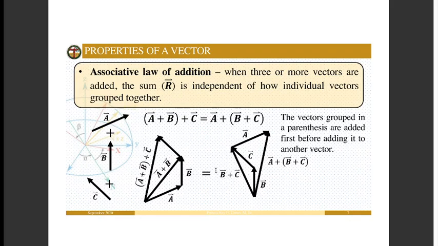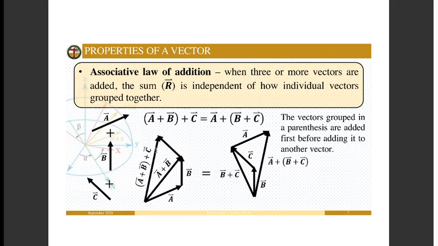Now, this B plus C, I will add to A. So, A is going in this direction. So, this is B plus C, then I will add this to A. After that, to get the resultant of these vectors, you have to start from the tail of B plus C, then connect it to the head of A. So this is the vector A plus B plus C, or the resultant of the 3 vectors.